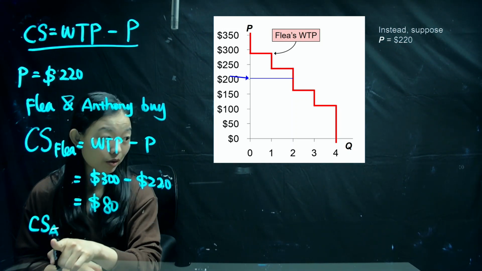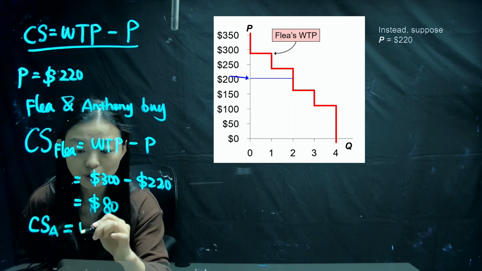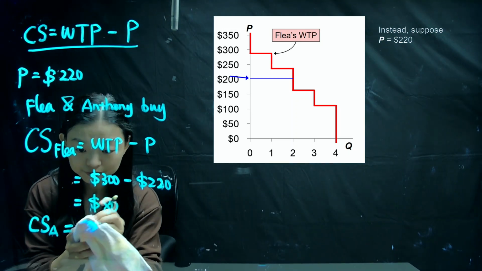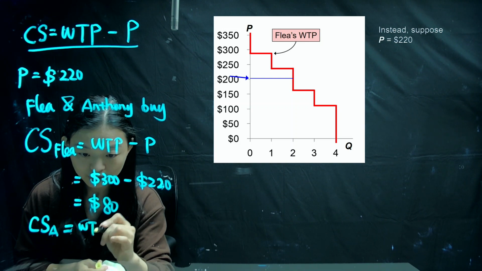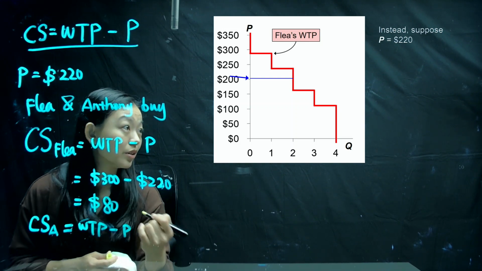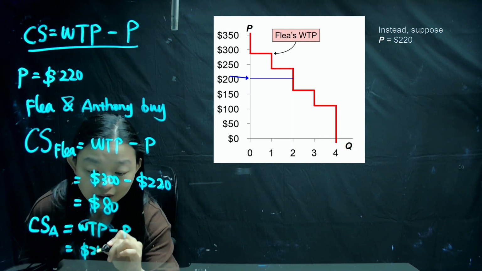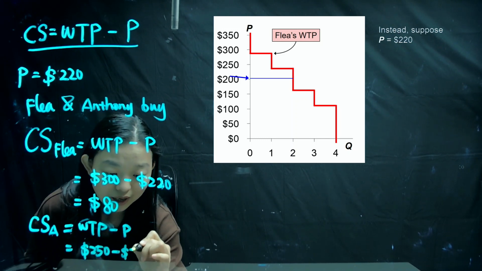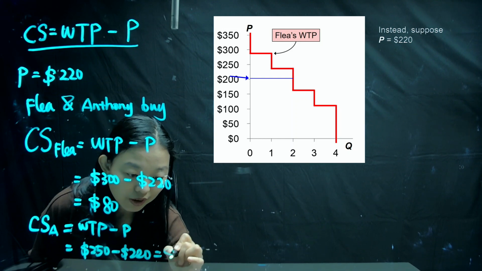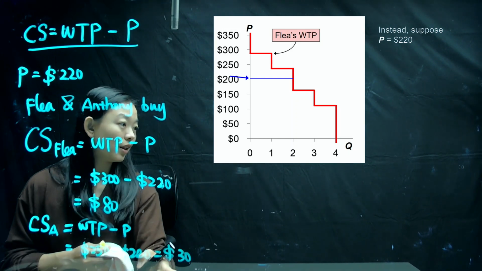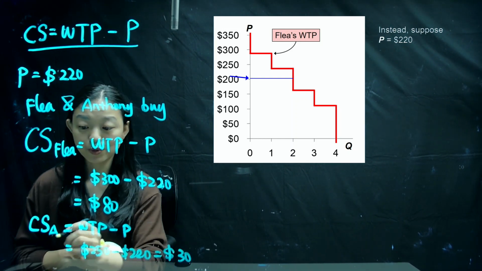I will just put A here, which represents Anthony. It equals willingness to pay subtract the market price. Similarly, the willingness to pay is $250, and subtract the market price, which will give you the consumer surplus for Anthony.